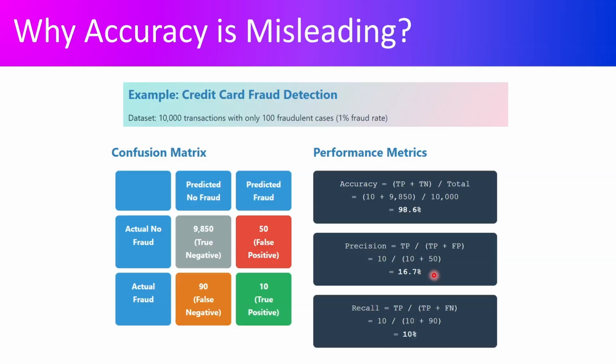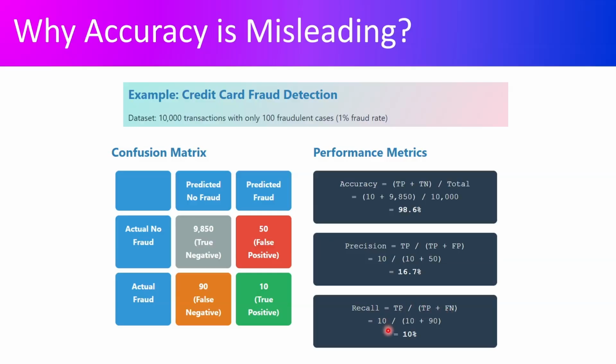So precision tells us, of all the cases we predicted as fraud, how many were actually fraud. Basically we predicted there are 60 frauds, but only 10 are true fraud transactions. So 10 divided by 60, which is 16.7%. Now let's look at recall. Recall is true positives divided by true positives plus false negatives.